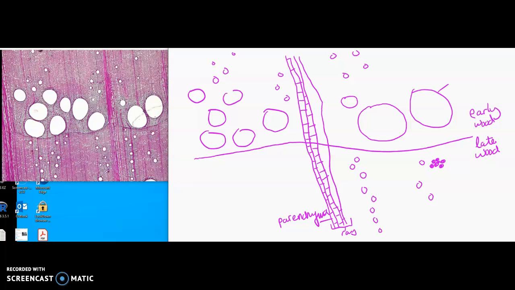Those very large cells are vessel elements, and some of the smaller ones will be our tracheids.